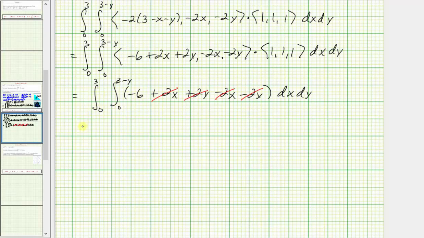So we can go ahead and factor out the negative 6. We have negative 6 times the double integral, and we just have 1 dx dy.